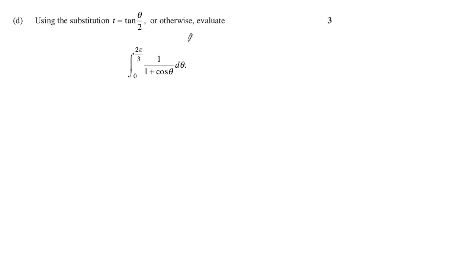Part D. So the t formula for cos is 1 minus t squared over 1 plus t squared. That's what we'll be replacing the cos with. And then we've got to differentiate this so that we can work out what to replace d theta with. So dt by d theta. The derivative of tan is sec squared, and then you've also got this half inside here, which is going to come out the front.